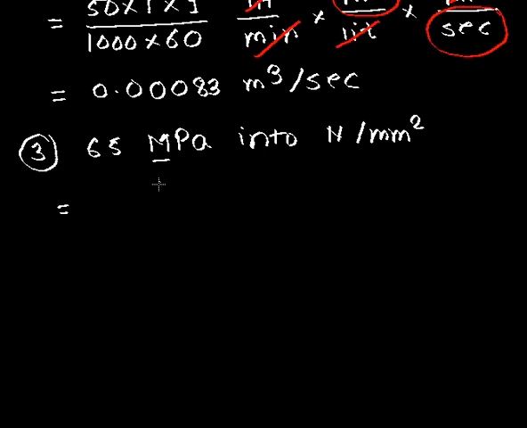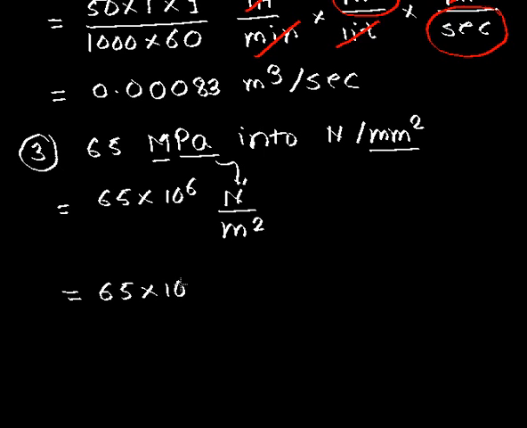First, this mega is a multiplying factor, 65 into 10 raised to 6, and this pascal is equal to Newton per meter square, but we need Newton per millimeter square. So it will be 65 into 10 raised to 6 Newton per meter square. Meter appears 2 times, so we need 2 brackets to cancel meter 2 times.